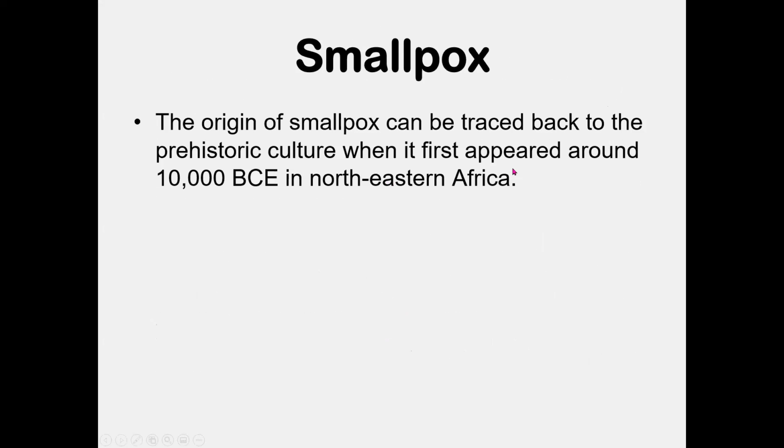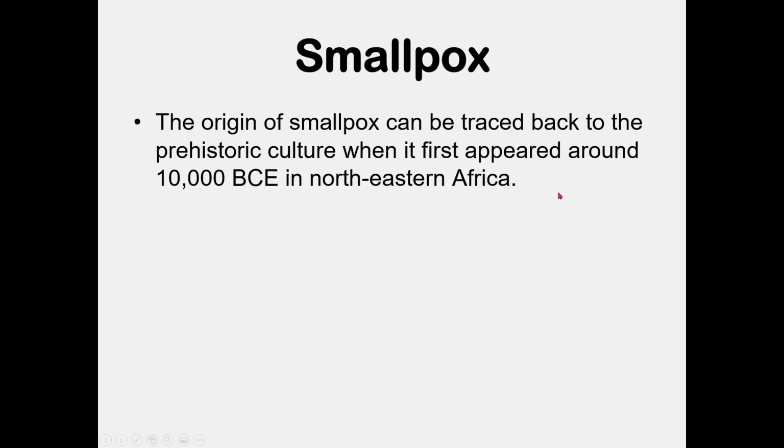Now, smallpox. It's been around for a very, very long time. It now does not exist in the world. It does exist in very, very high security laboratories, because they may need to access the genetics sometime in the future.